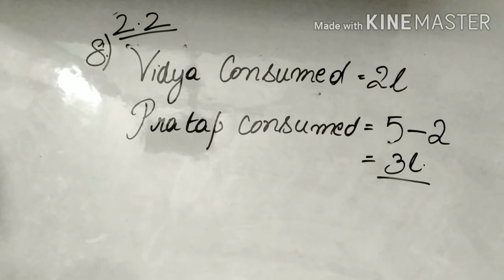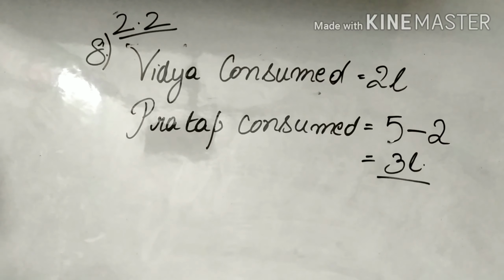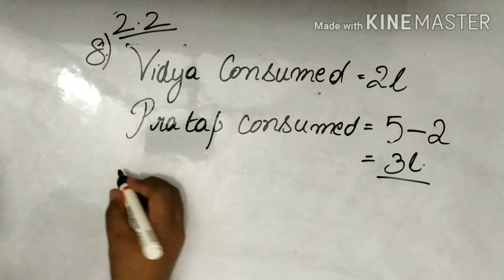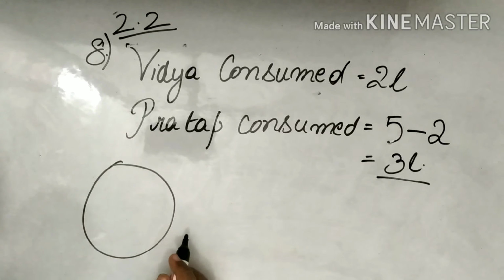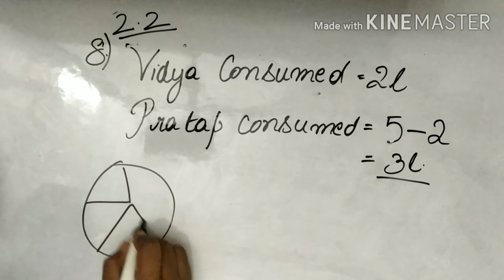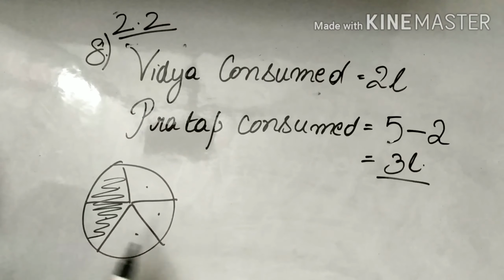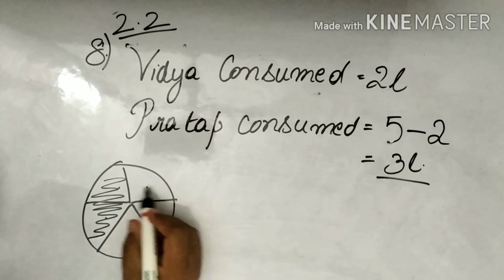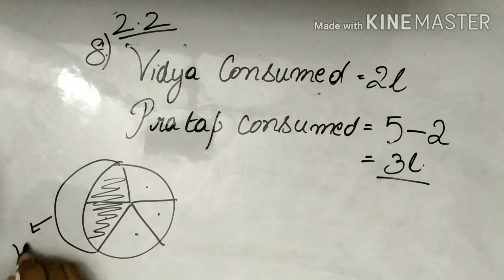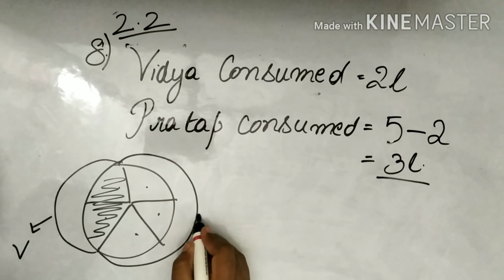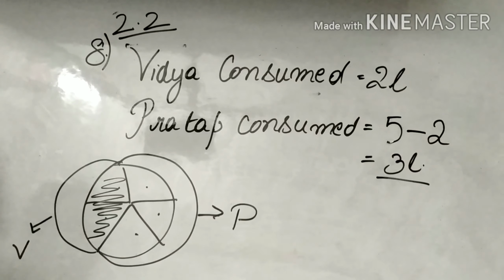Then, what fraction of the total quantity of water did Pratap consume? If we divide the water into 5 parts, 1 2 3 4 5, Vidya consumed 2 of them, and the rest is consumed by Pratap. This means Vidya consumed 2 by 5 and Pratap consumed 3 by 5 of the water.